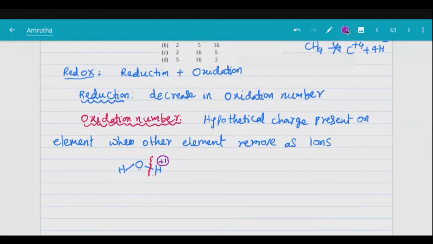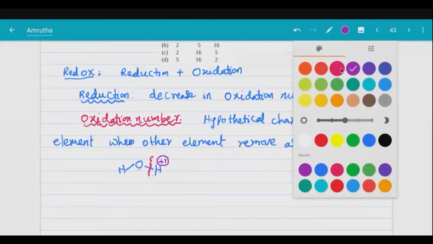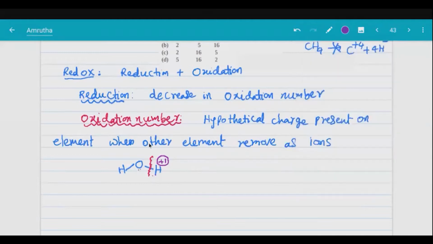So what is the charge on oxygen now? If I break H plus, there is minus 1. Now I'll break all other atoms, so I'll break the next atom, hypothetical breaking. This is again plus 1, and this will further change the charge on oxygen, so now it is minus 2.